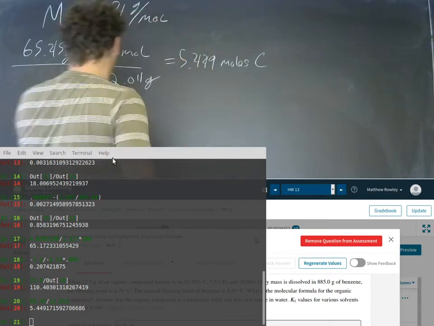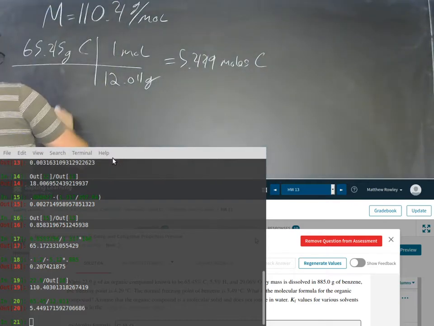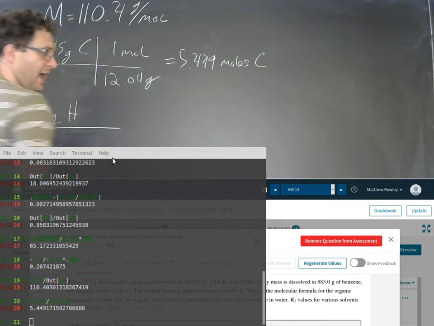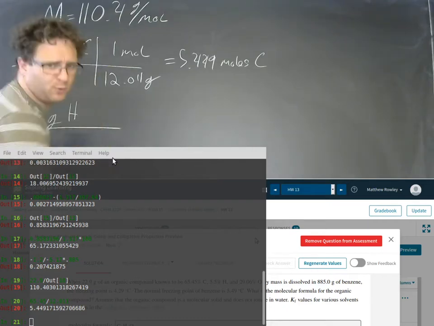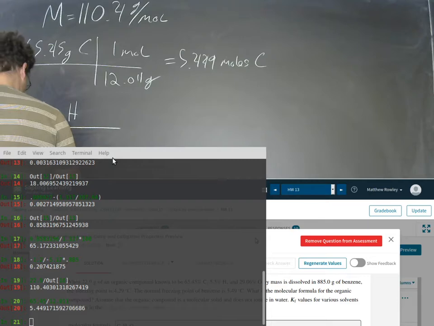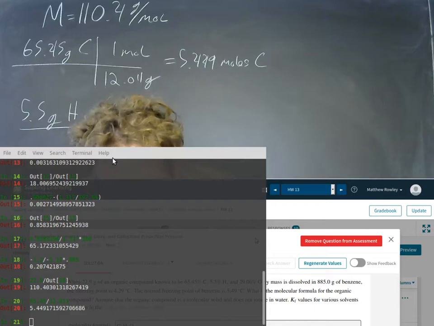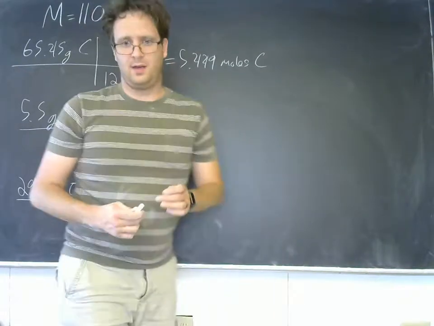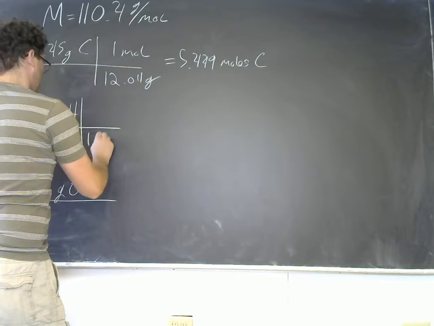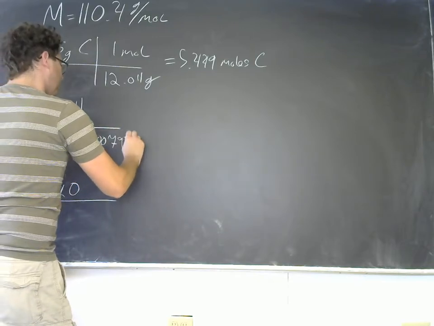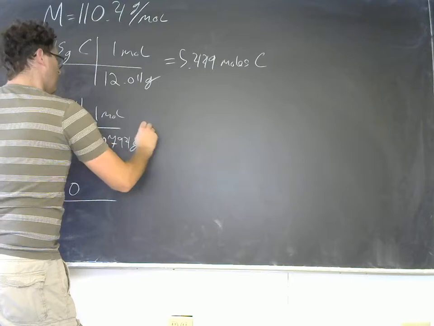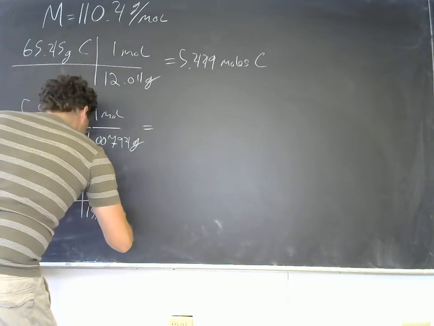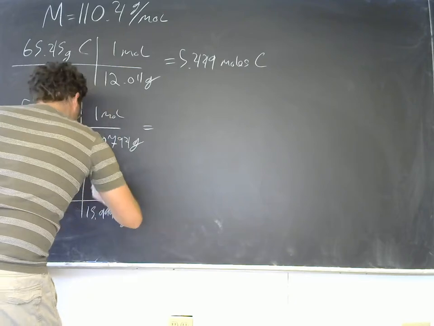Well, we'll do the same thing with our quantities of hydrogen and oxygen. So we have 5.5 grams of hydrogen and 29.06 grams of oxygen. Okay, hydrogen is 1.00794 grams per 1 mole, and oxygen is 15.9994 grams per mole.